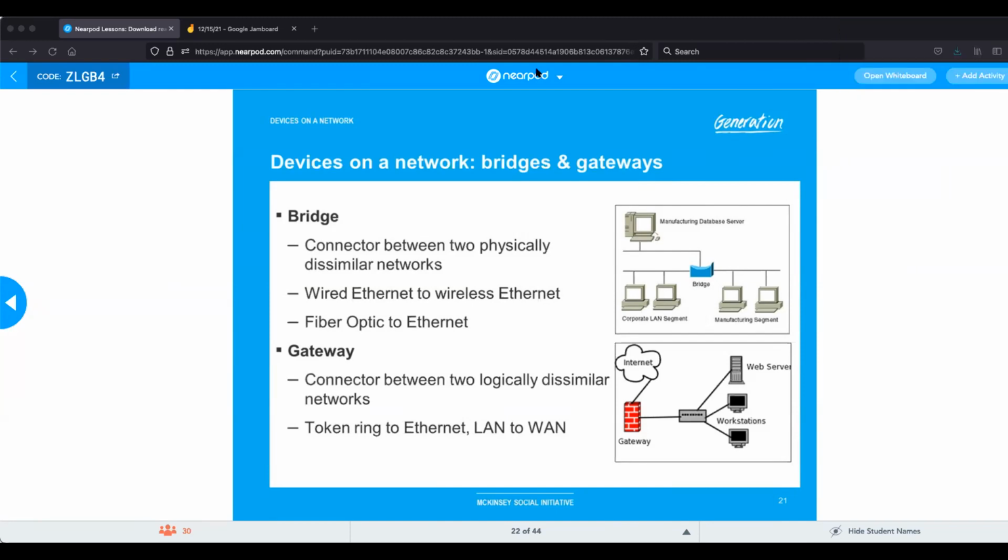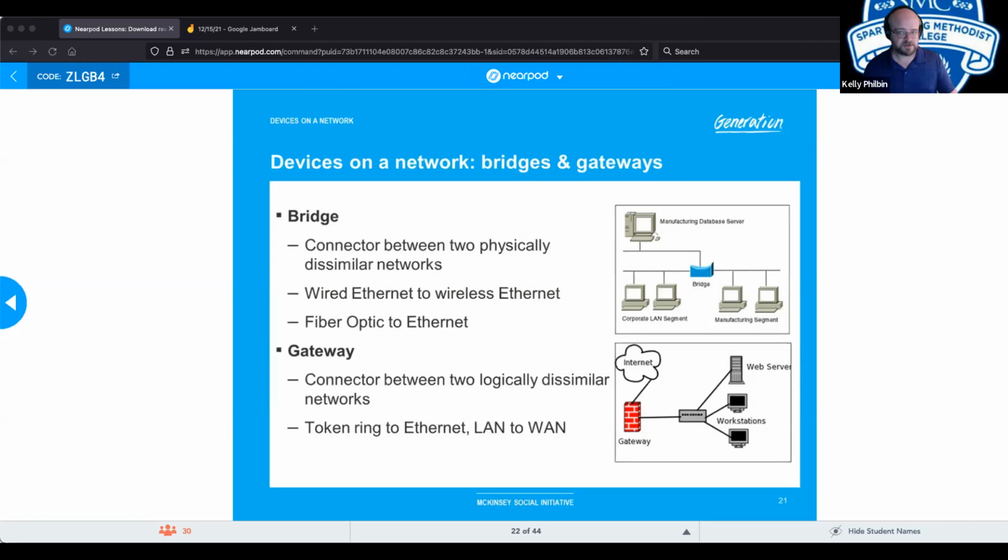Yes, DW. What's the actual term for the bridge device? A bridge, that's the term. But I'm saying, a bridge from optic to Ethernet will be the same bridge as from Ethernet to Ethernet wireless?